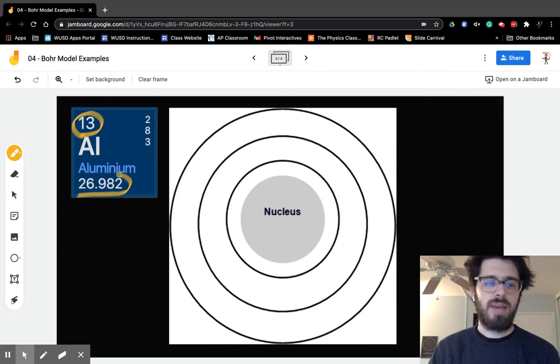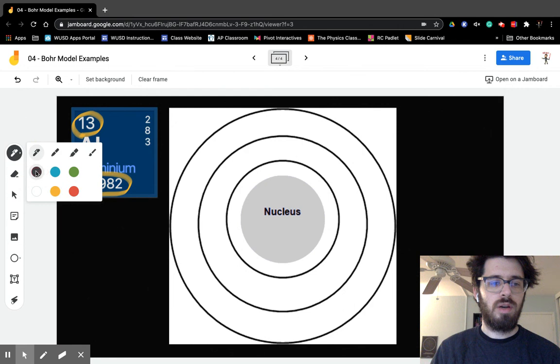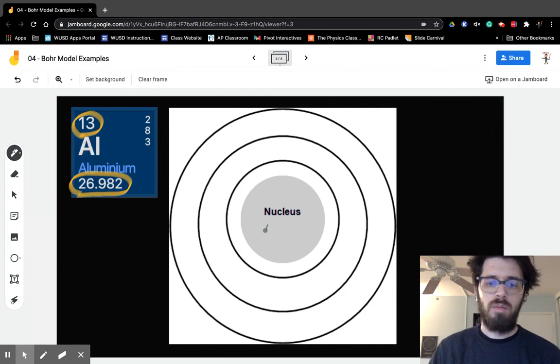And then it has a mass number of 27, which tells me that there are 14 neutrons. So I'm going to go ahead and set it up as I did before. We're going to have protons equal to 13, neutrons equal to 14. 13 plus 14 would equal 27.